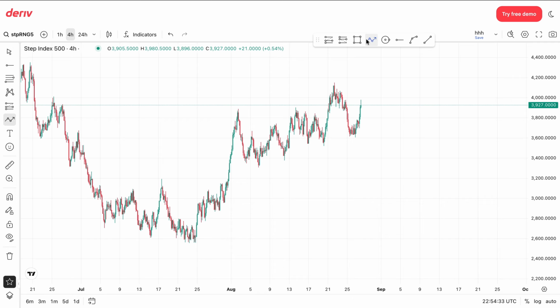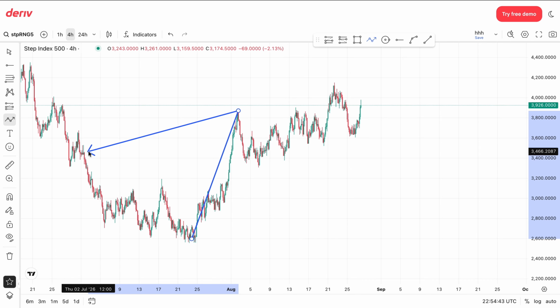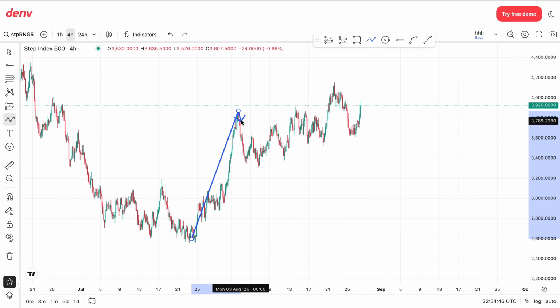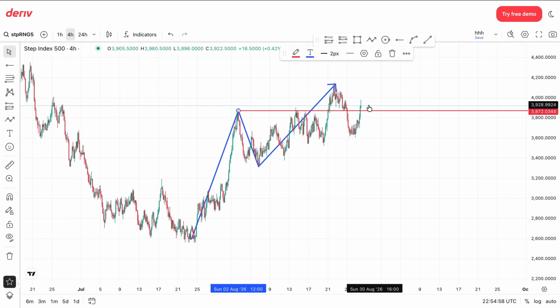Now let me show you something here. For me, the market pushed from this low to this high and gave me a new high, because the market has been making lower lows and lower highs all the way from this side. Then the market gave me this low, then price pushed and made this new high. I know the market made this new high because it closed above this high here.